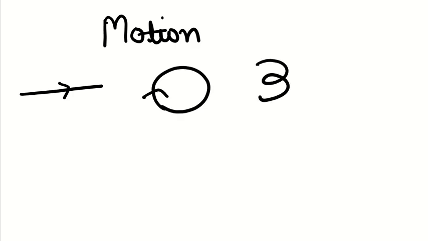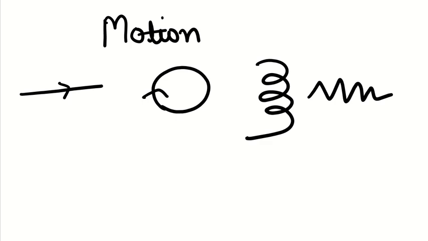Morning, students. Today we are going to start with a very interesting topic of science, that is motion. I know you all must have seen people walking around in a straight line, a circular path, or maybe in a spiral path, or in a zigzag manner, whatever manner.